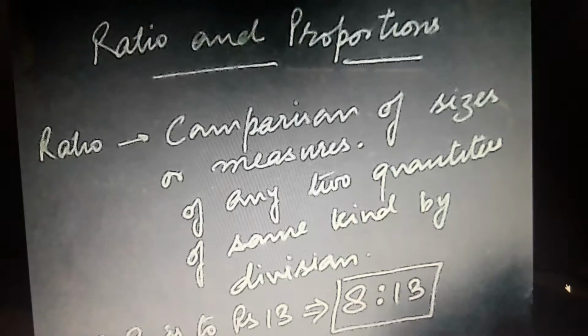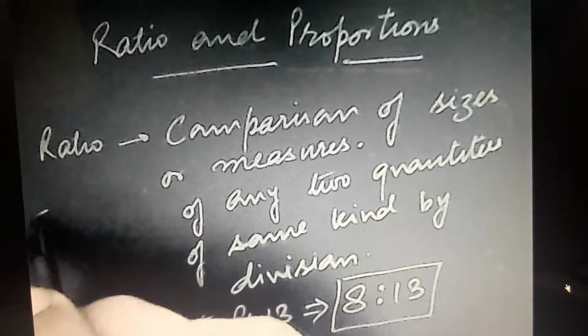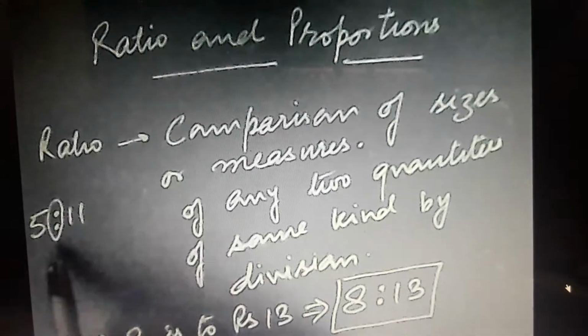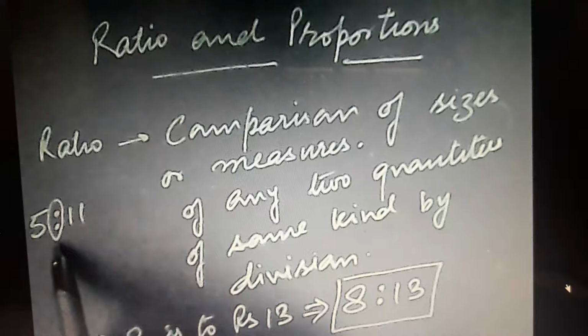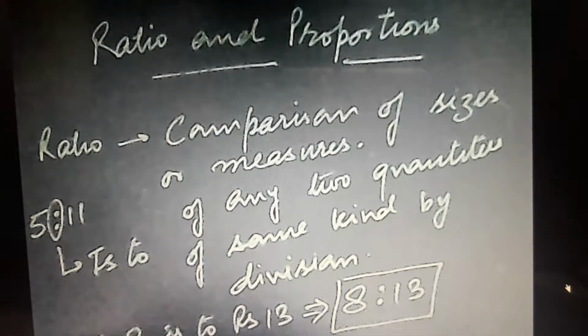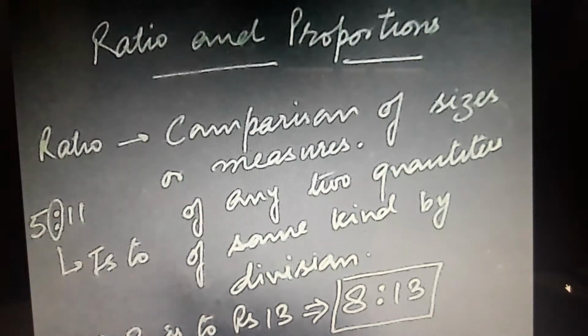Similarly, we can check different cases, like the ratio of 5 is to 11. This particular double dot is referred to as "is to".